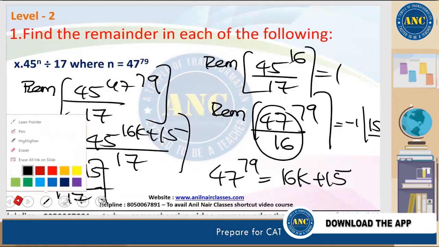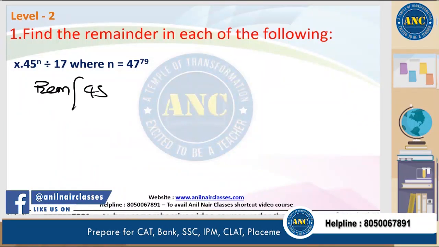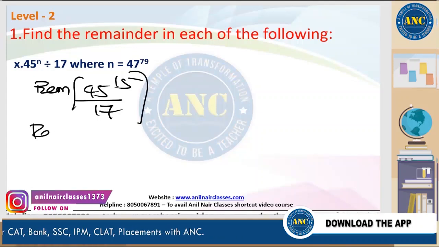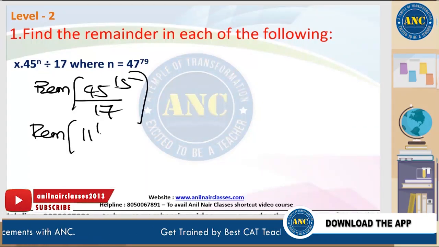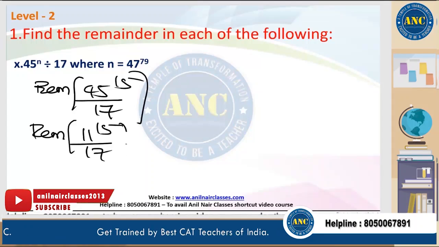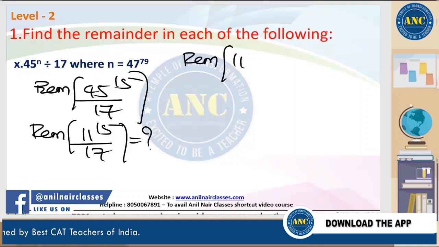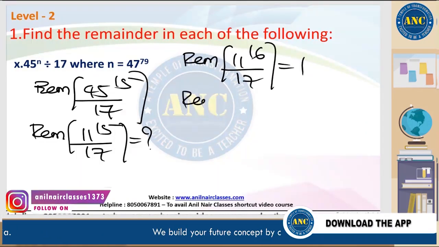Now how to solve 45 power 15 by 17? 45 divided by 17: 17 twos are 34, which leaves 11. So 11 power 15 by 17 is what we want. According to Fermat's theorem, 11 power 16 by 17 is 1.